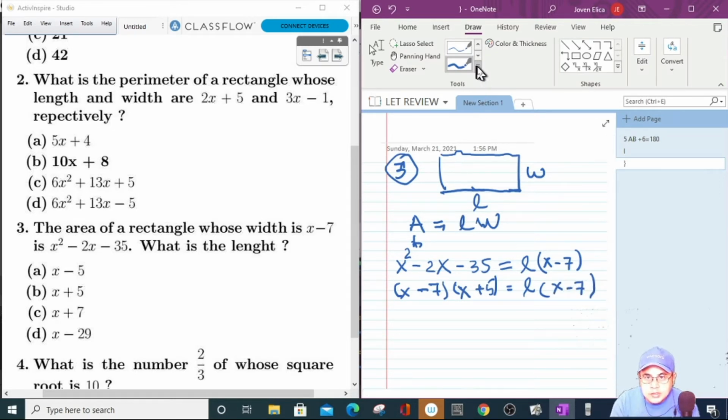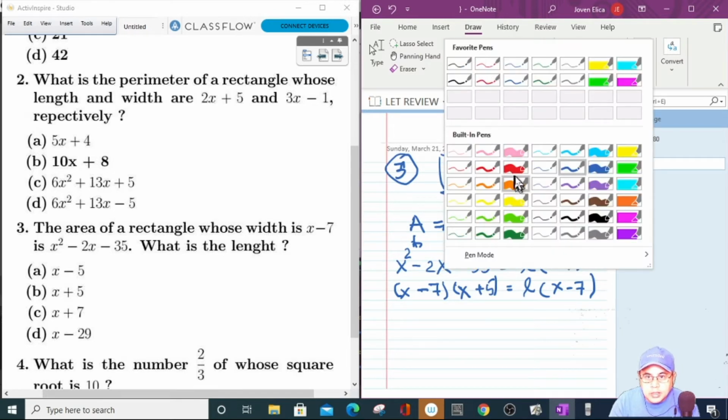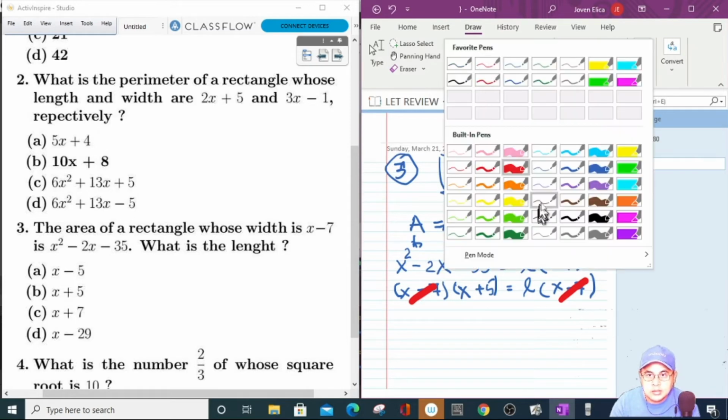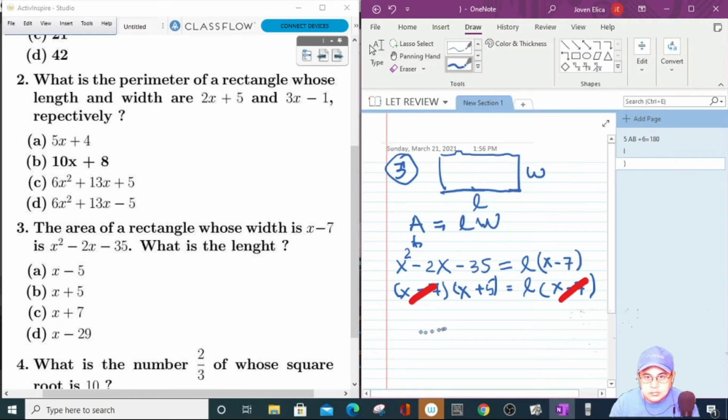So if you notice, we can actually cancel out x minus 7 and x minus 7. So the value of L now is equal to x plus 5.